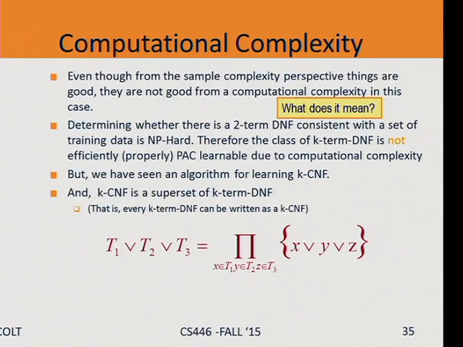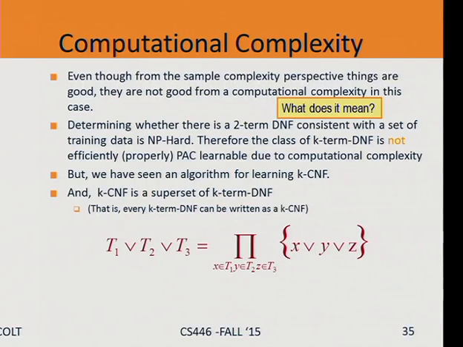I don't care about the rest. But at least one of these disjunctions is negative, and therefore the conjunction of all of them is negative. It's a negative example. Okay? So I proved, with a very simple game with Boolean functions, that every k-term DNF can be represented as a KCNF.